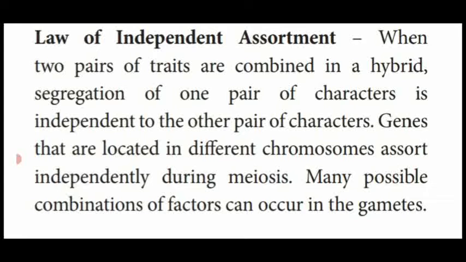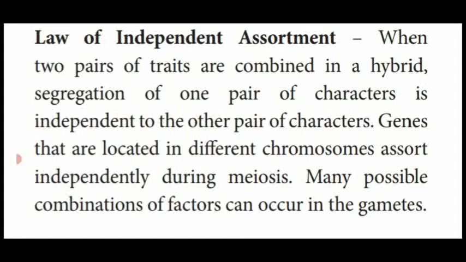So, in this dihybrid cross, the different characters present in the gene of alleles are expressed independently at the time of meiotic cell division. They are not depending on another gene.